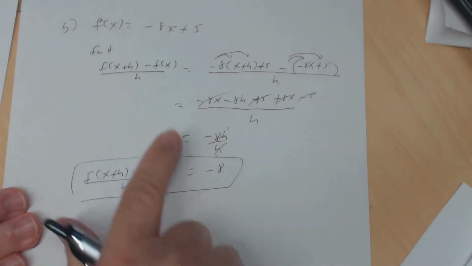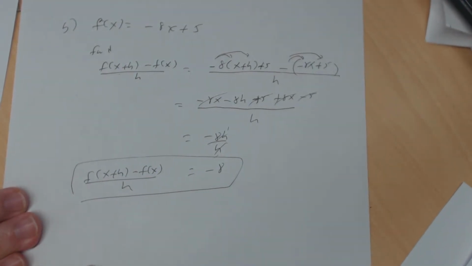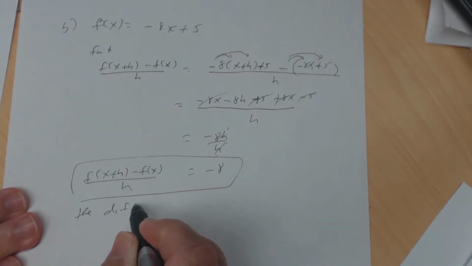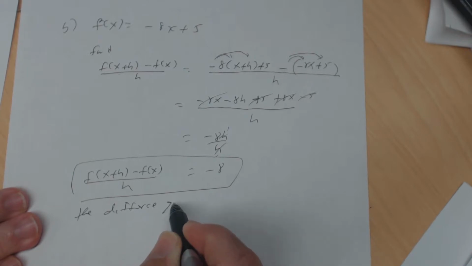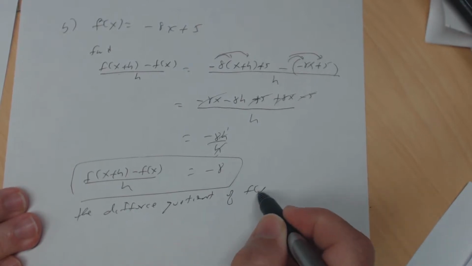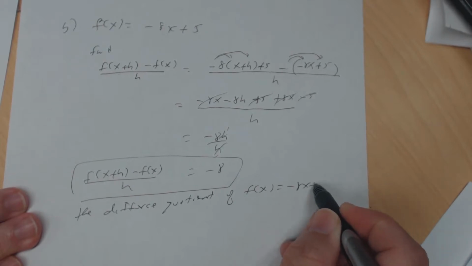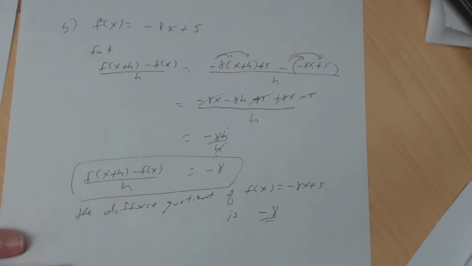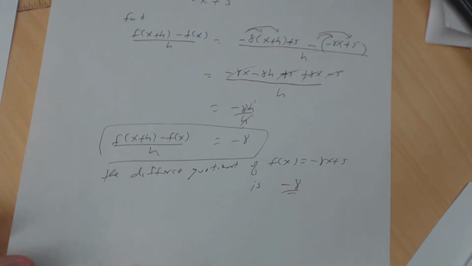So the difference quotient for this function is negative 8. All right. So the difference quotient of f of x, which equals negative 8x plus 5, is negative 8.